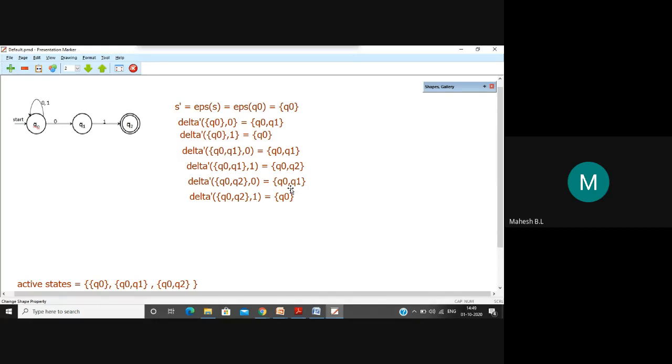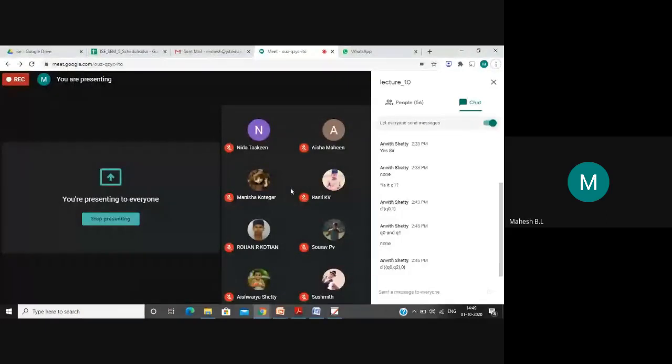Q naught, Q2 on 1 is Q naught. Okay, so this is the DFSM corresponding to the NDFSM. Any doubts in this?